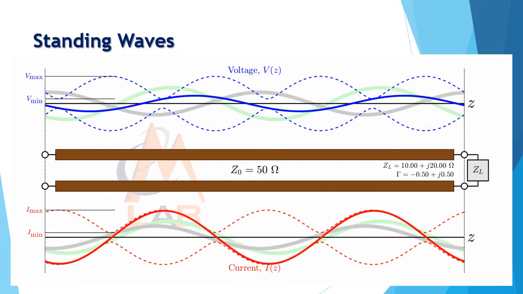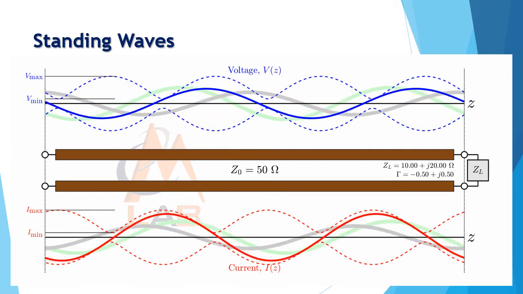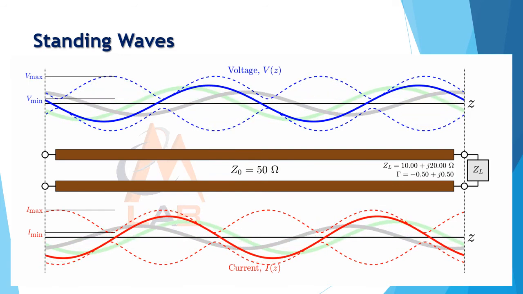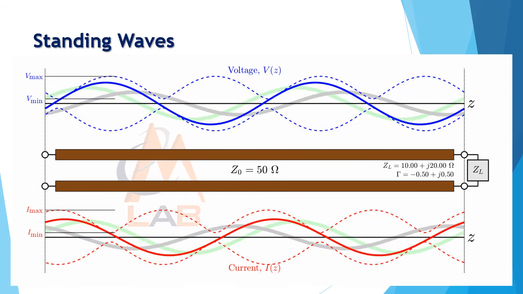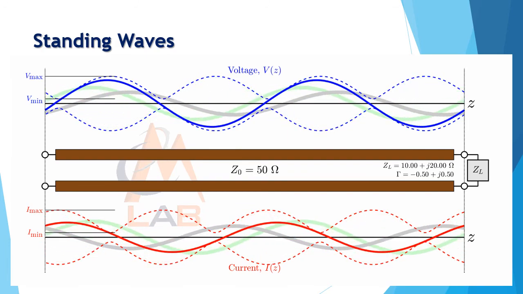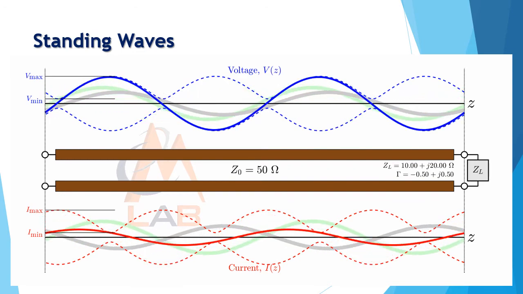Now in this example, we have a load impedance of 10 plus J20 ohms. This is a complex number, so it is not only a purely resistive load, we have an inductive component in this case.